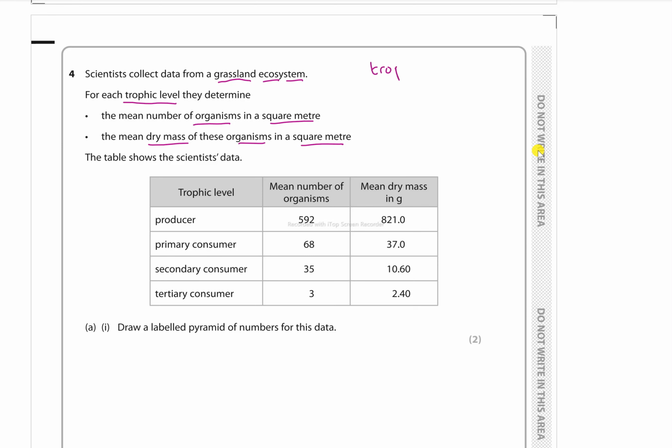Trophic level. What is a trophic level? There are two ways of looking at it.